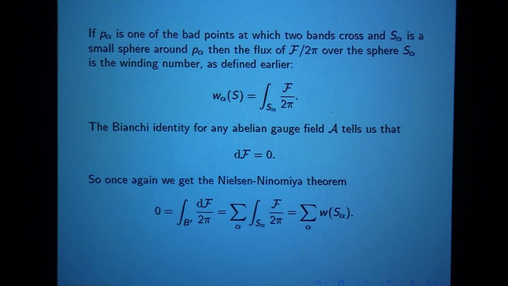At that point, we can't define the line bundle on which the Berry connection is supposed to be a connection, because that line bundle has for its fiber the one-dimensional space of negative eigenstates of H, and there isn't such a one-dimensional space where the bands cross. So the line bundle on which the Berry connection is a connection isn't defined at the bad points. You can say that the connection has a pole there, but that's putting the cart before the horse. The Berry connection is a connection on a line bundle that isn't defined there. And it's not defined there because there wasn't a valence band. There wasn't a negative eigenstate of the Hamiltonian.